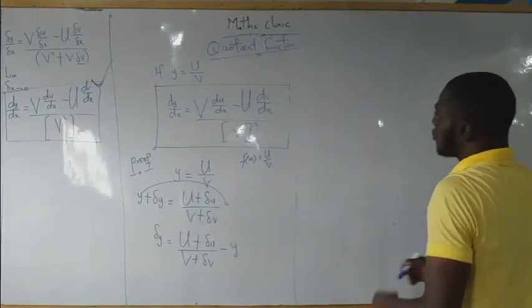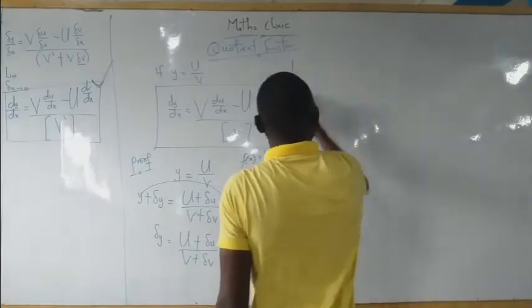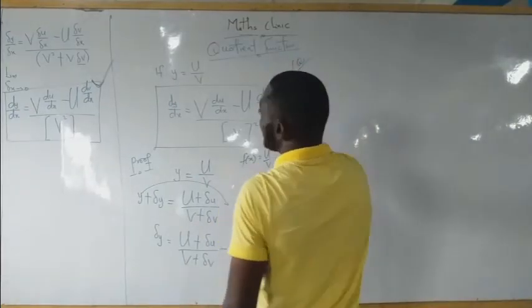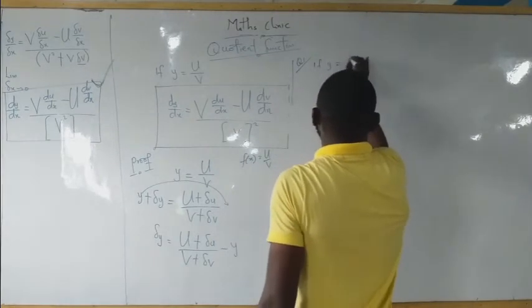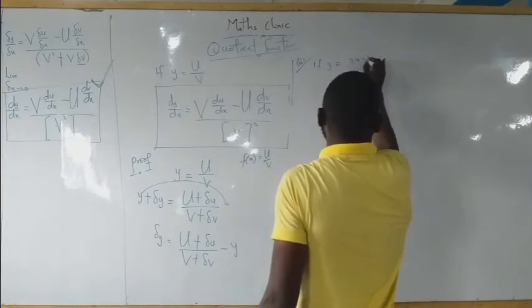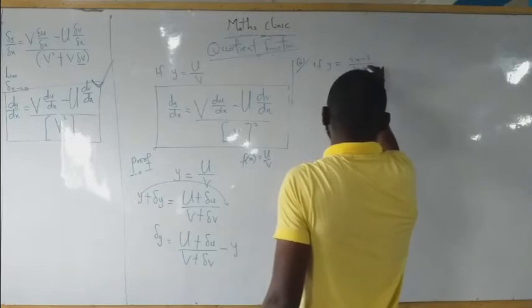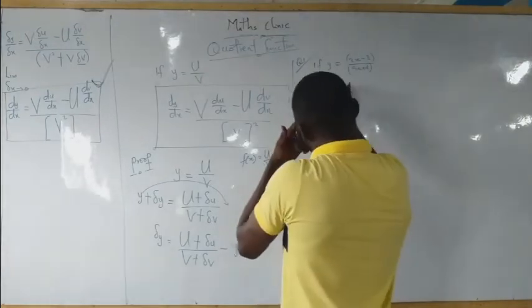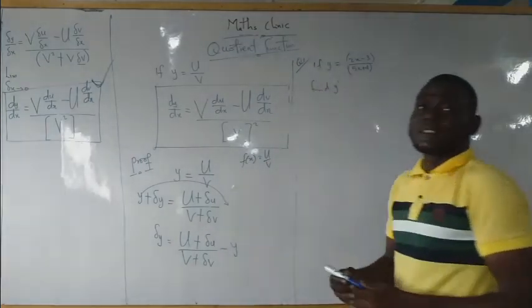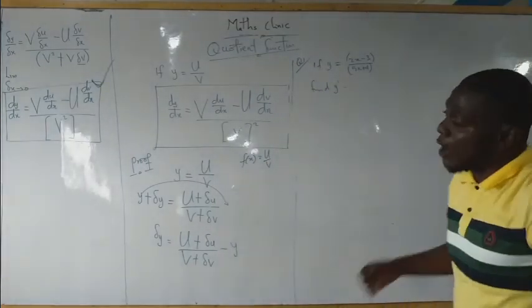First question, that's question 1. If y equals 2x minus 3 over 5x plus 4, find y prime. Okay? What's y prime?